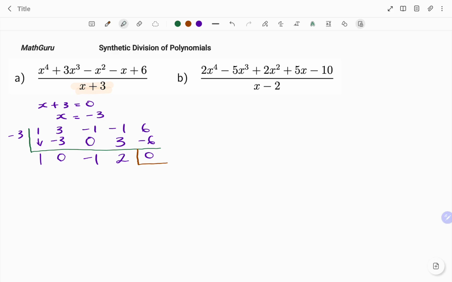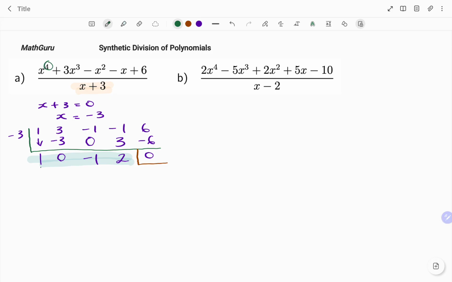And also, what this means is my answers below will be the coefficients of my answers. So writing that out, I'm going to have, starting with the first one, which is 1, note that I'm going to drop my power by 1, or what I mean is our answer will always be 1 power smaller than the original. So starting with 4, if I drop that by 1, that will be 3.